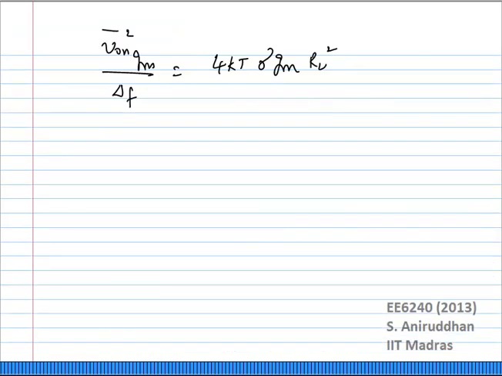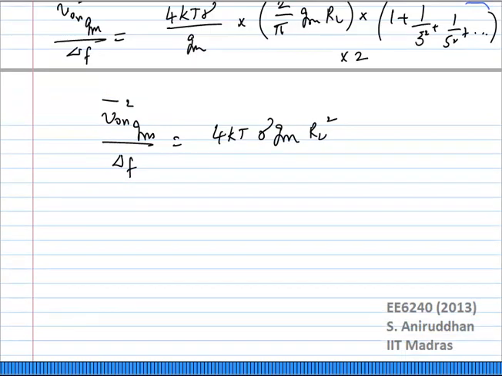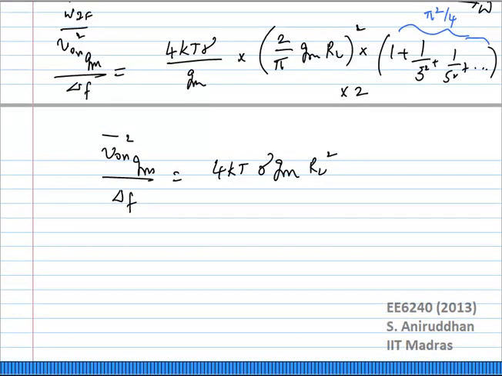So the noise from the transconductor, this is 4 kT gamma gm RL squared.